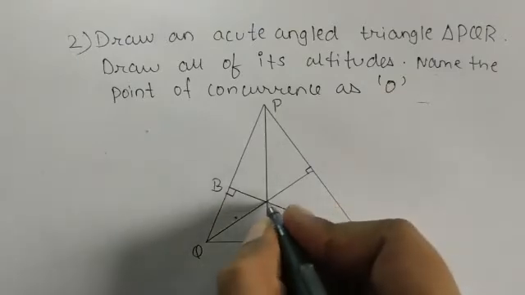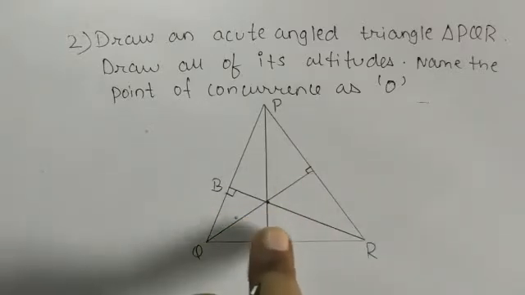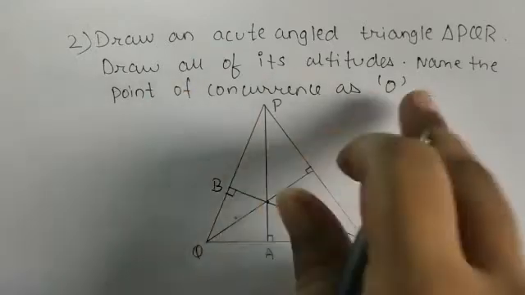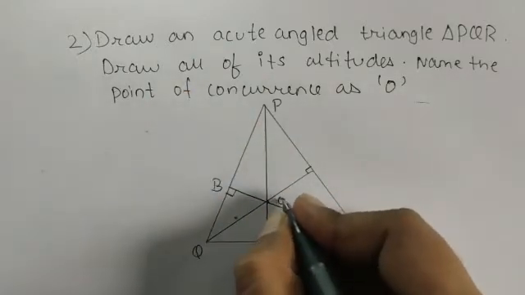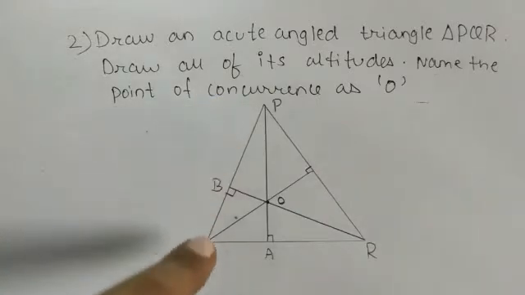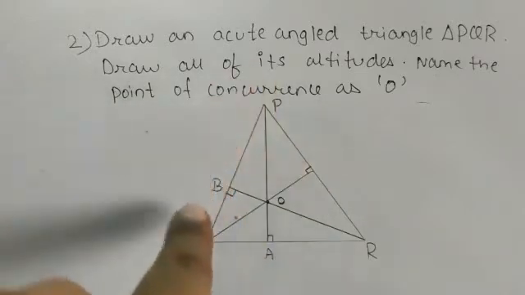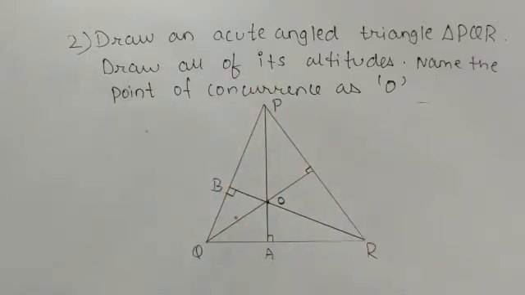Yes, it is this point where all the three altitudes are meeting, which is called the orthocenter of this triangle, and we have to name it as O. So this is an acute angle triangle, therefore its point of concurrence or orthocenter is in the interior of the triangle. Okay, now we will see the next sum, which is where we have to draw an obtuse angle triangle.